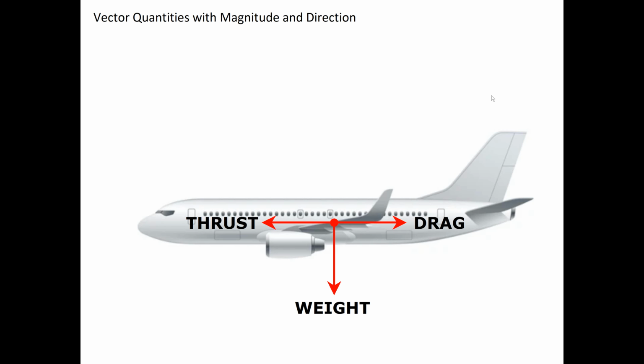It will also, because of air resistance, have a drag, which will hopefully be less than the thrust, so that the resultant movement in the horizontal direction will be forward. And as the aircraft starts to move forward, the wings will produce an upward force of lift, which will be greater than the force of gravity, its weight, downwards. So the resultant force will be a force in the forward and upward direction.